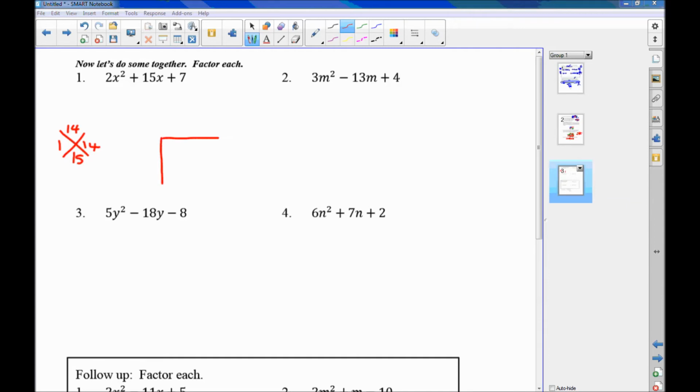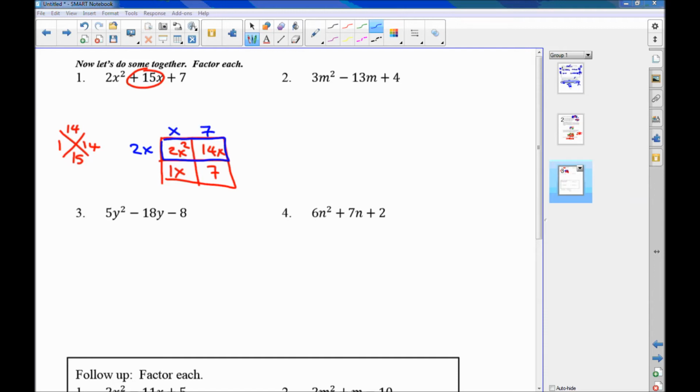All right, so we'll make our box. And the box is 2x squared and 7. And then we split the 15x into these two things, 1x and 14x. Okay? And then we factor. So we say, what's the GCF of these two? Well, that's going to be 2x, and it would leave behind x and 7.